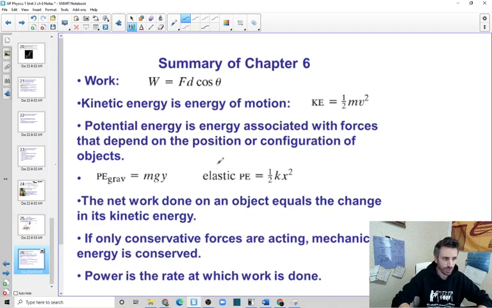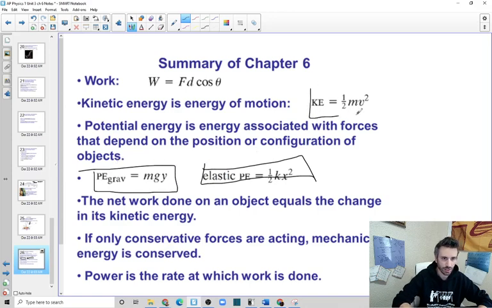So that's our summary. Elastic potential energy is 1/2 kx squared. Gravitational potential energy is mgy, and kinetic energy is 1/2 mv squared. They will always express the work as being Fd cosine theta, but I'm not so concerned about the cosine part.